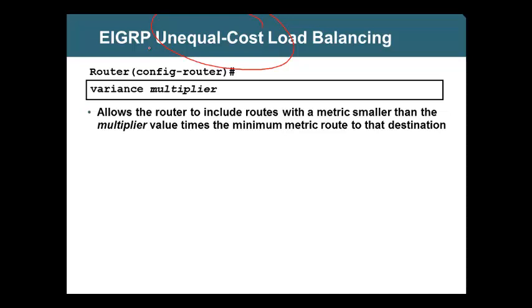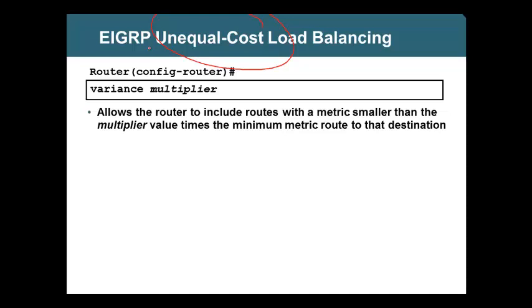Let me repeat. By default, like other protocols, EIGRP supports equal cost load balancing. EIGRP can also do something better which other protocols don't do. What is that?